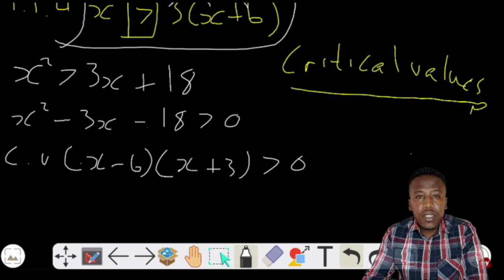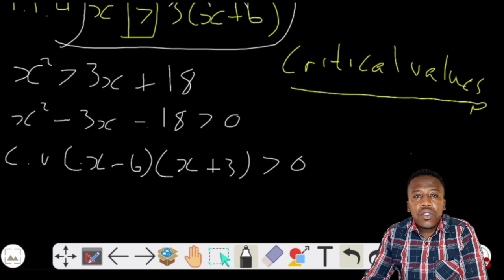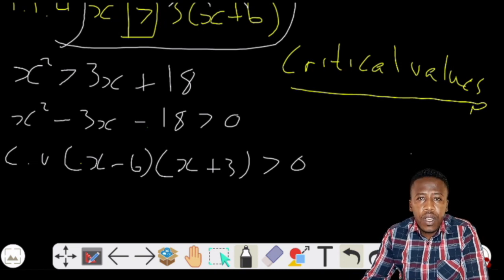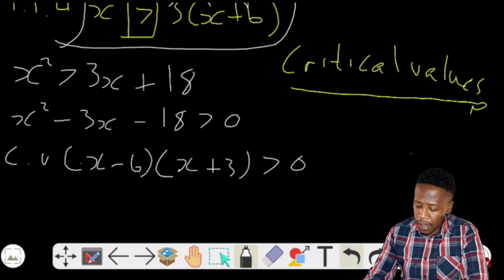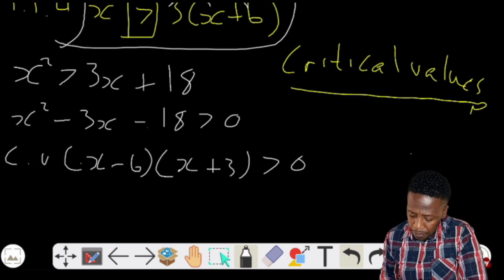Now from this point, there are different methods in determining your critical values. We normally use the number line before you notate your answer. The method that I've found easier and much simpler is this method here.